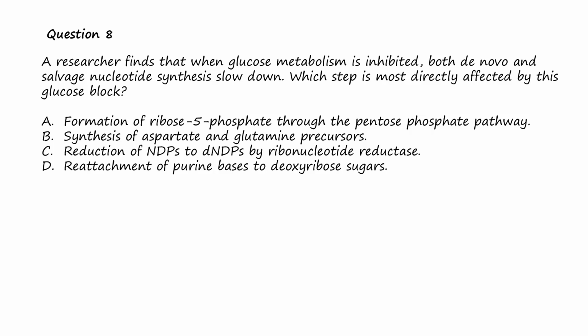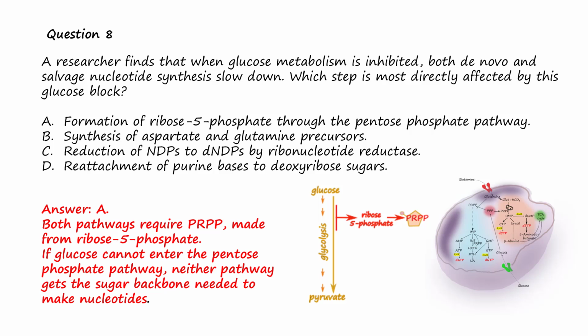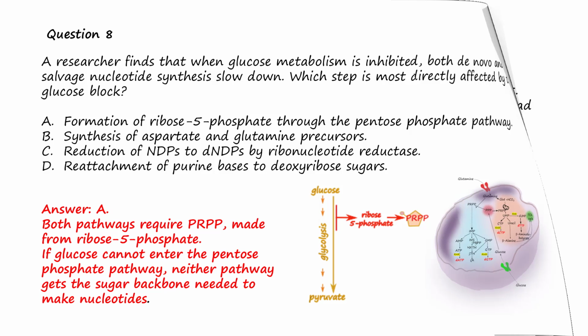C. Reduction of nucleotide diphosphates to deoxynucleotide diphosphates. D. Reattachment of purine bases in the salvage pathway. Answer A. Both pathways require PRPP made from ribose 5-phosphate. If glucose cannot enter the pentose phosphate pathway, neither pathway gets the sugar backbone needed to make nucleotides.